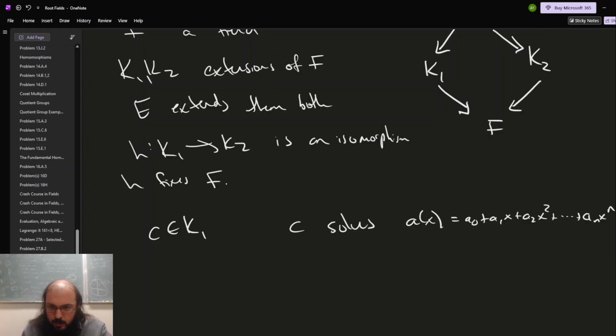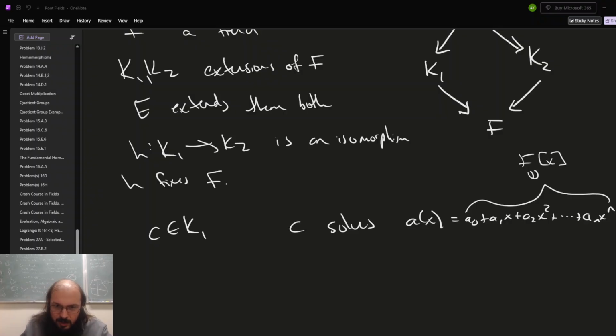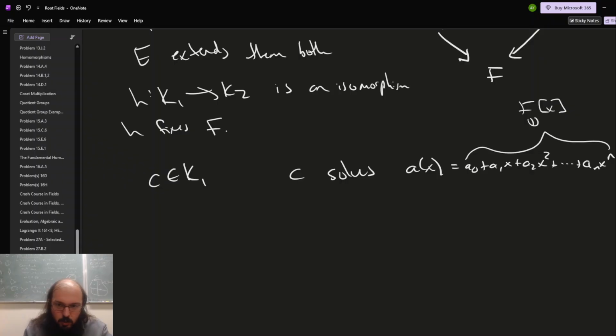Now, since this thing is in K1, which is an extension of F, I want this to be happening in F. So these coefficients, all the A's, will then live in F. The first piece of magic is that H of C is also a root of A. It also solves A of x.